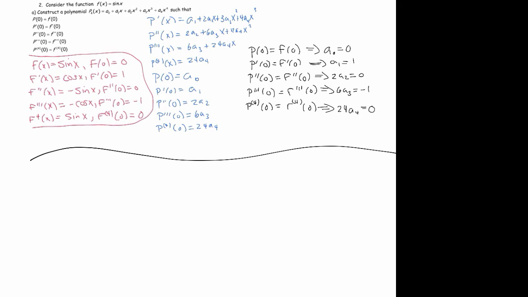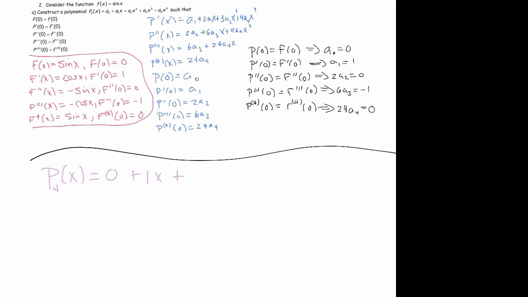So we would want p sub 4 of x to be, well, a naught is 0, a1 we found to be 1, a2 is going to be 0.